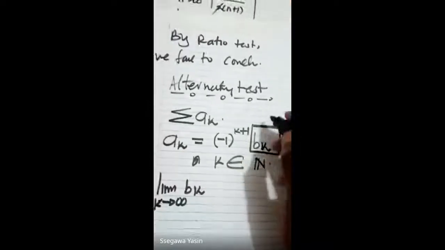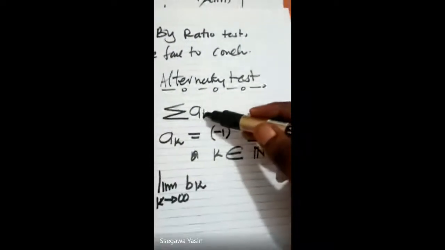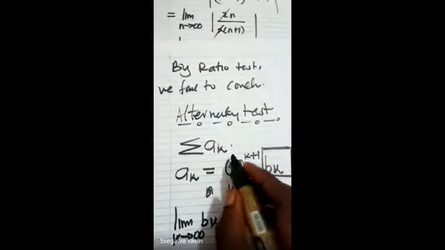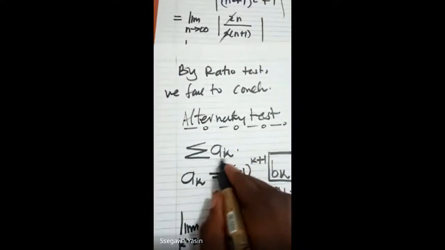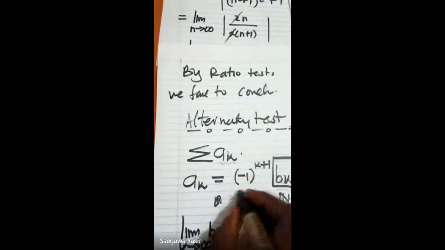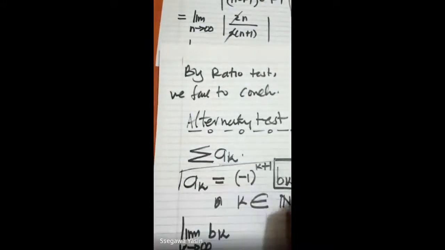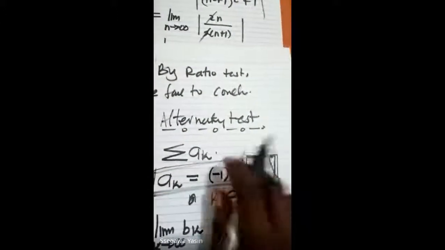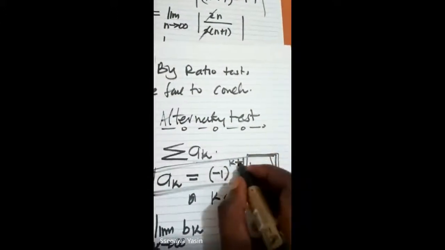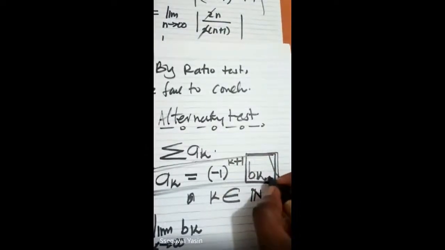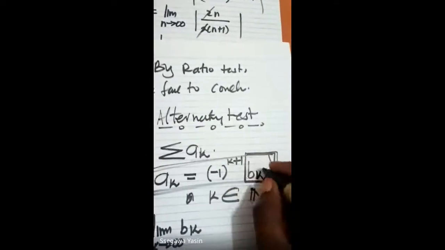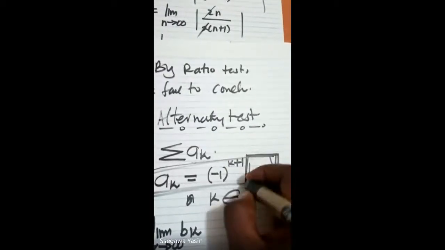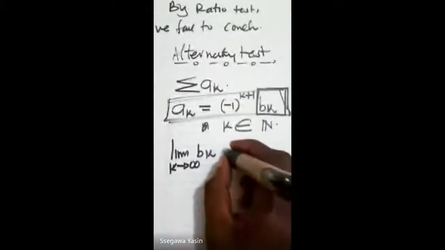So you see this part here, you are given a cell. From that cell, you pick a sequence. You know how to pick a sequence. Then you write it in terms of this format here. This is +1. Then after writing it like this, you make sure that the BK is separate. Then you pick BK, you take its limit.